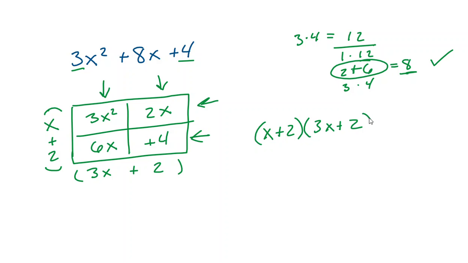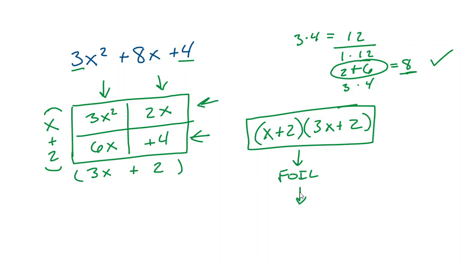Now again, when you're doing this and it's a test and it matters, whether it's part of a larger problem or you've got to get it right because it's a test, please take the time to do the FOIL process with your answer to see if you get back to the original question, because it's worth it.